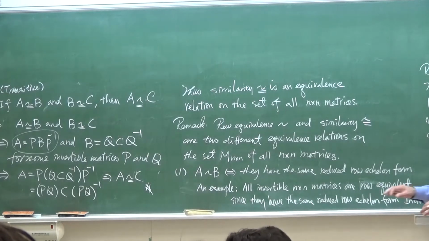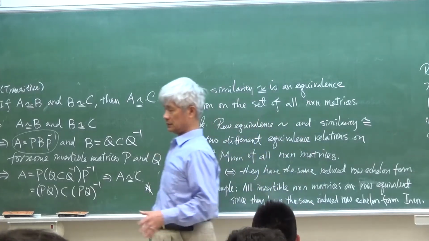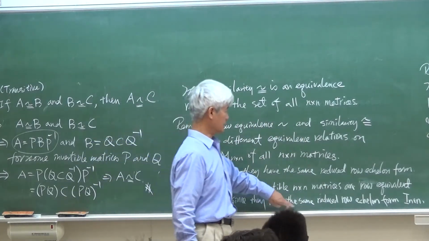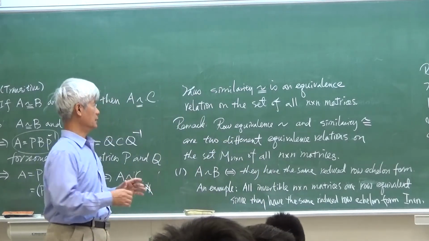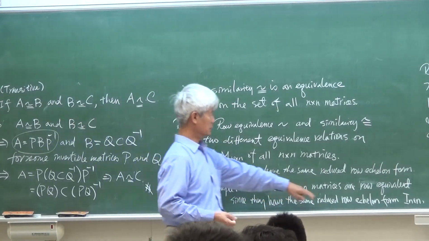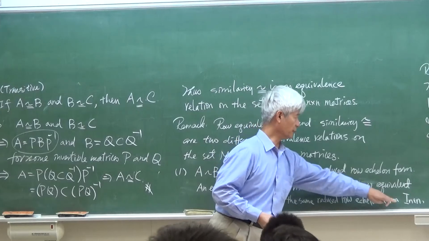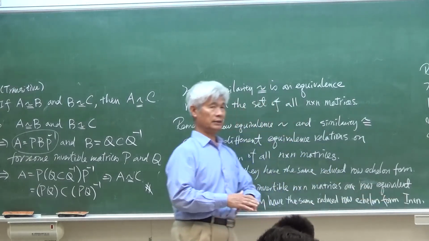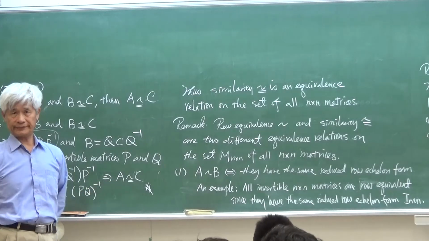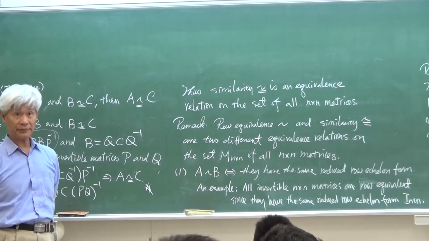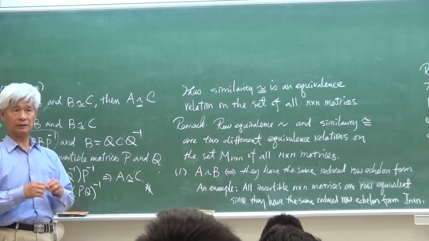So the row equivalence class corresponding to the reduced row echelon form I is the set of all invertible n by n matrices. Very big class, right? Very big.